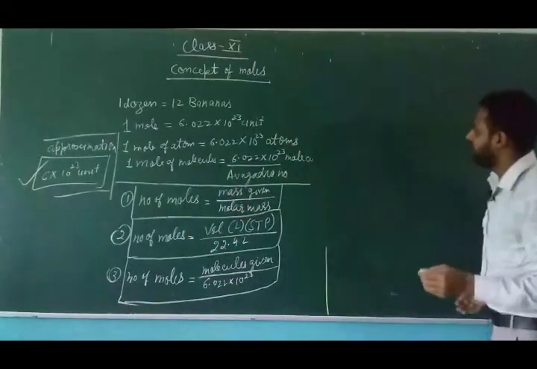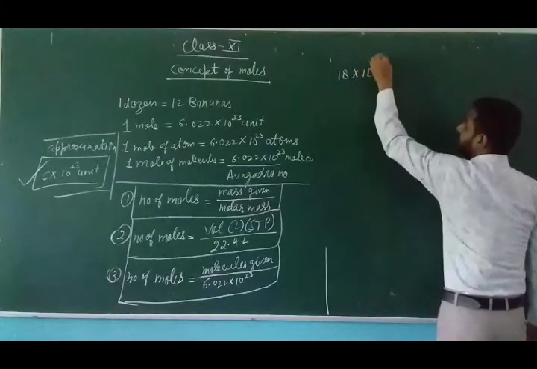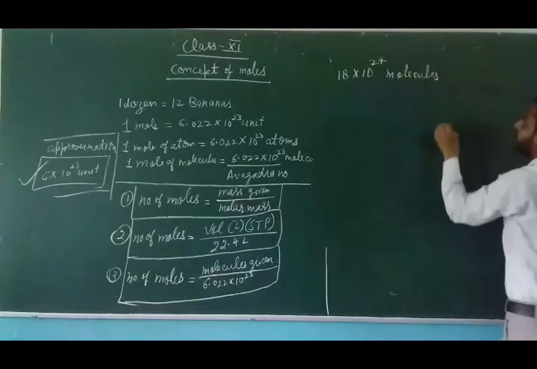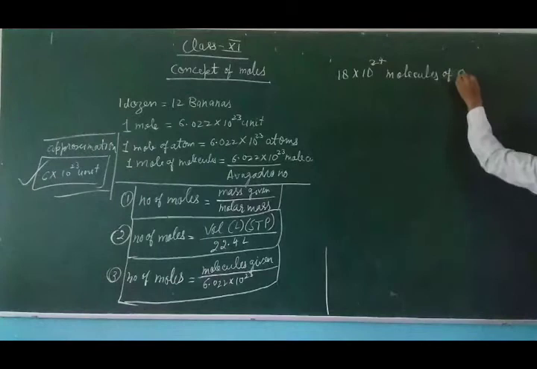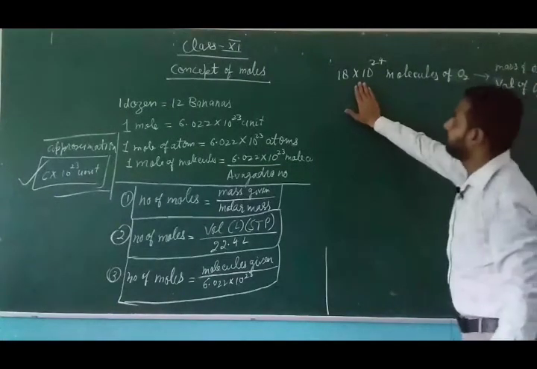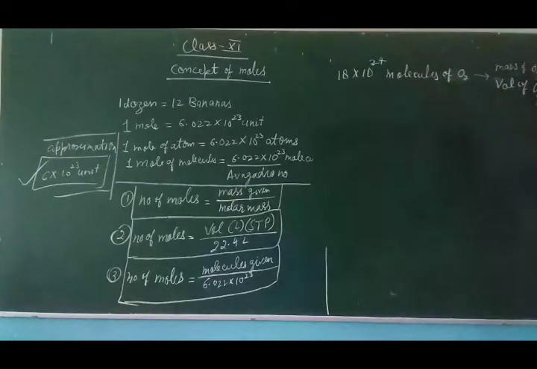Now here is one more interesting question. If you have 18 into 10 to the power 24 molecules of oxygen, then find out the mass of oxygen and volume of oxygen.